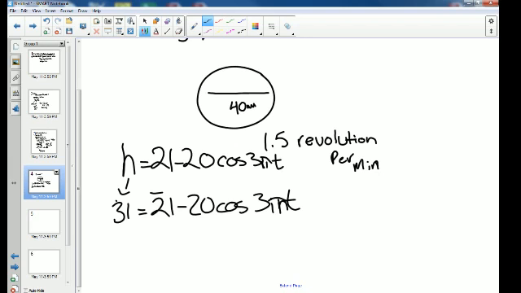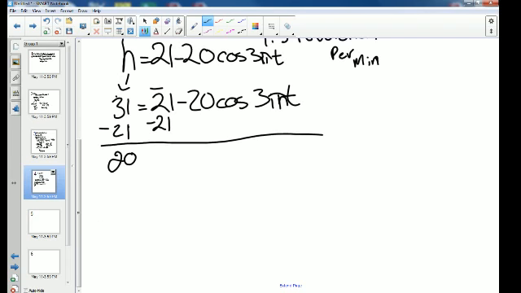So this is going to be minus 21, minus 21, equals negative 20 cosine 3 pi t.